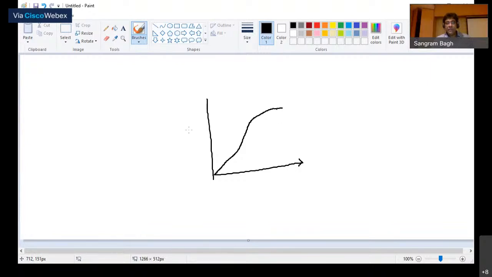Plateau means that your EGFP is not changing with time. So this is your steady state, right? This steady state concentration, you are measuring, and you put it in your mathematical equation. That is the connection between the mathematical equations and the measurements. So you can measure this, right?